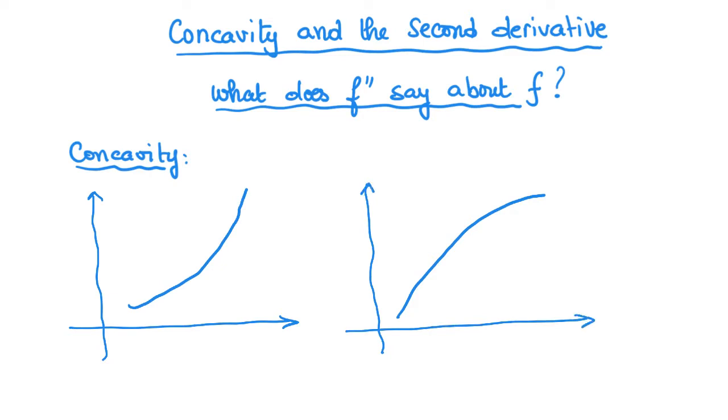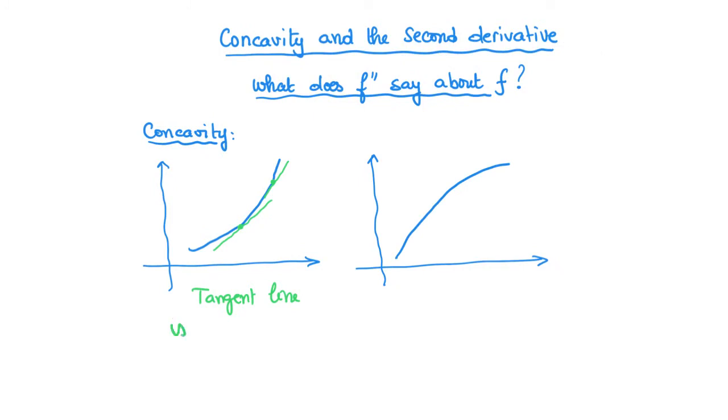If we look at the first function here and we draw the tangent line, we notice that the tangent line is always below the graph. So the tangent line here is below the graph of the function. This is a function, obviously, f, say, and this is a function g. They are both increasing, but in a different way.